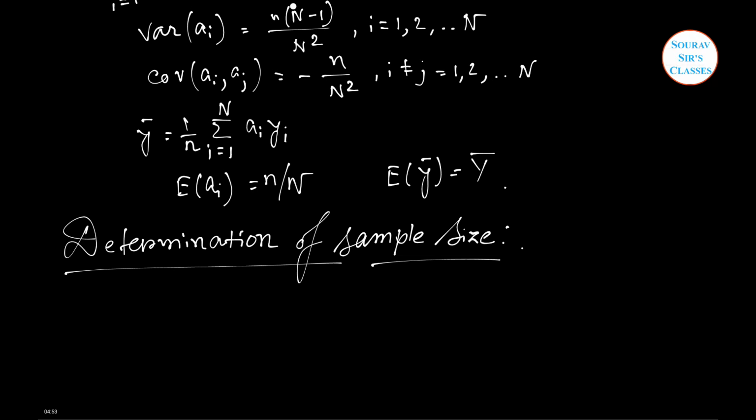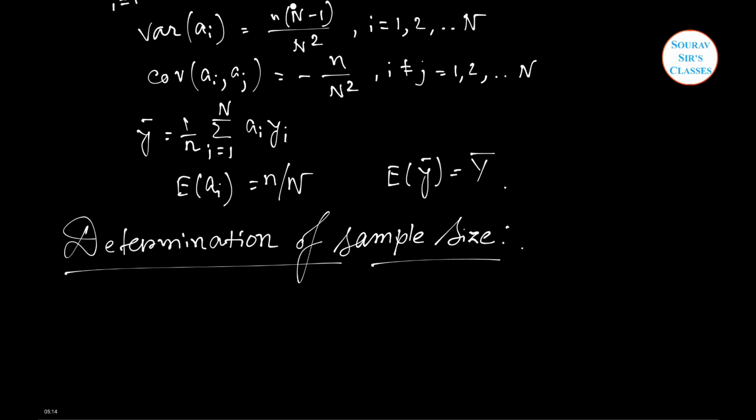Now, determination of sample size. The size of the sample is needed before the survey starts and goes into operation. One point to be kept in mind is that when the sample size increases, the variance of the estimator decreases but the cost of the survey increases, and vice versa.